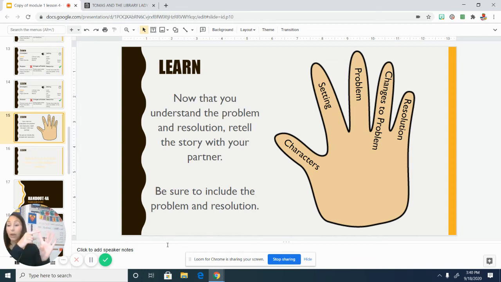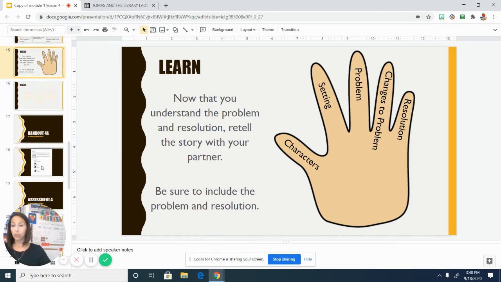We can tell where the story took place or the setting. We talk about the problem. And then importantly, we talk about the changes or the steps the character or characters took to solve the problem. And then we have the resolution. So thinking and telling about those 5 things help you to retell a story.